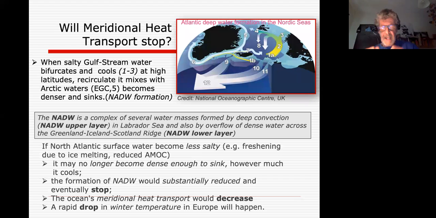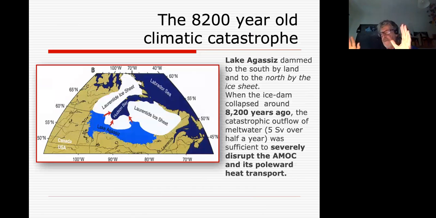And this is something for the future. But what happened in the past? Is the freshening effect so important for the dense water formation, or is it purely academic speculation?